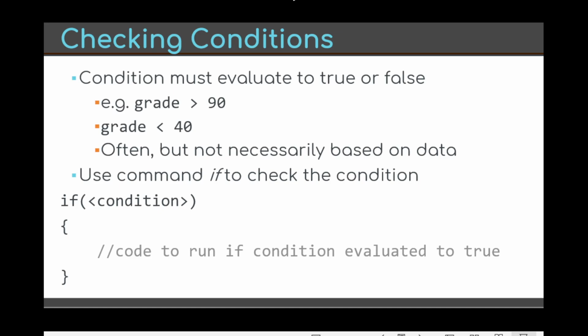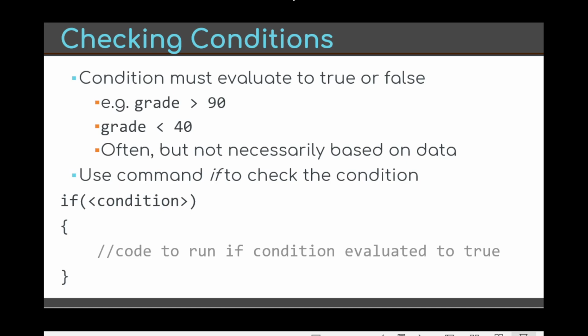For example, grade being greater than 90. Alligator wants to eat the big number. So grade greater than sign 90. If you look at that, and if the grade is actually greater than 90, it will return true. It will be interpreted as true, I should say.